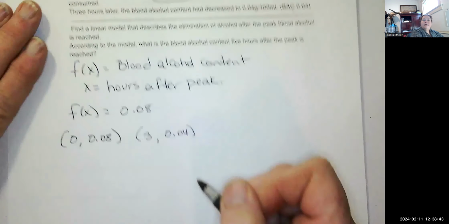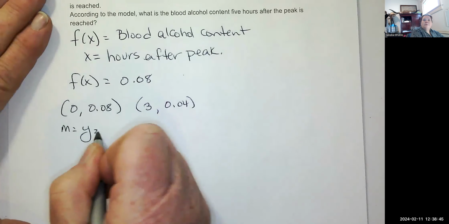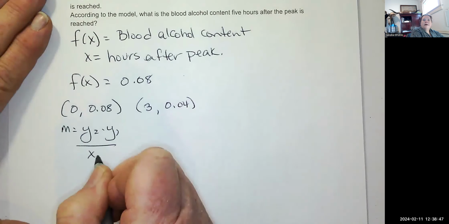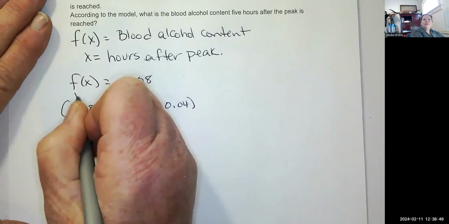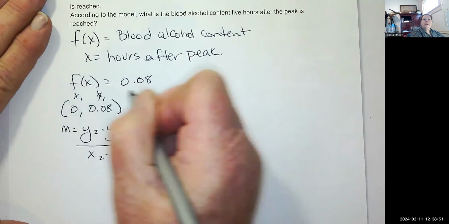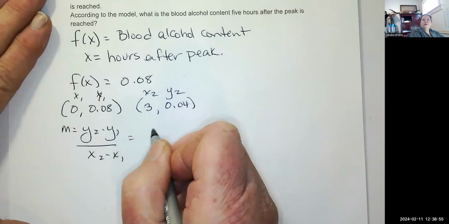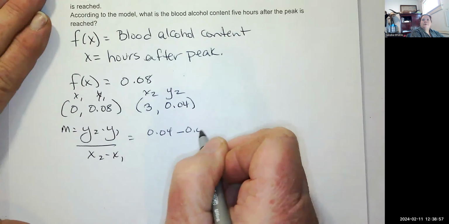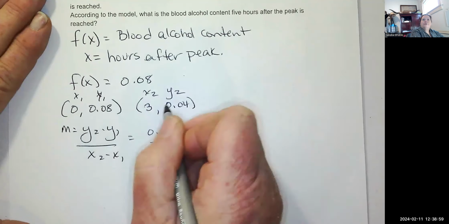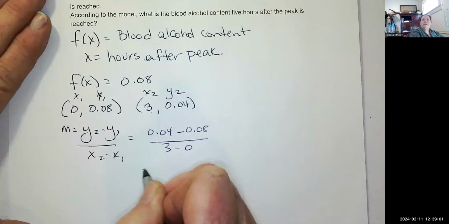We can find a rate of change. M equals y sub 2 minus y sub 1 over x sub 2 minus x sub 1, so x1, y1, x2, y2. So 0.04 minus 0.08 over 3 minus 0.